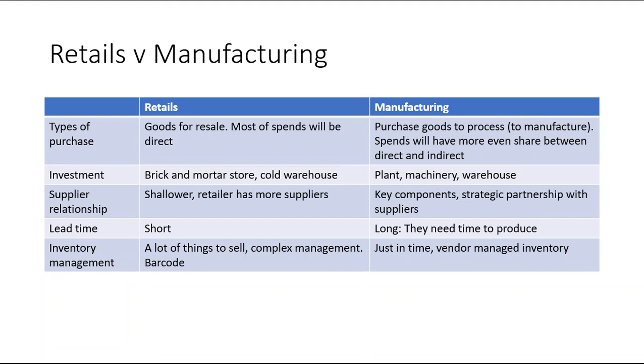Furthermore, in retail, in something like FMCG, like soft drinks, we only have Coca-Cola or Pepsi or other big manufacturers. Their quality is not very much different, but their brand is. So the relationship here tends to be shallow.